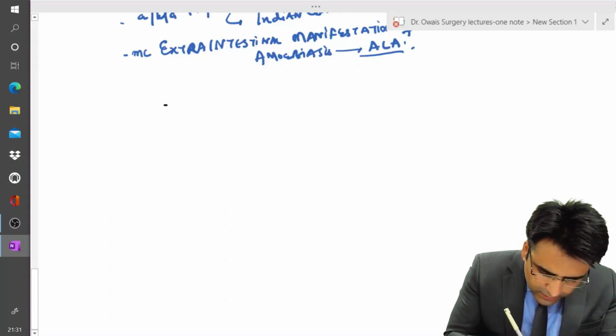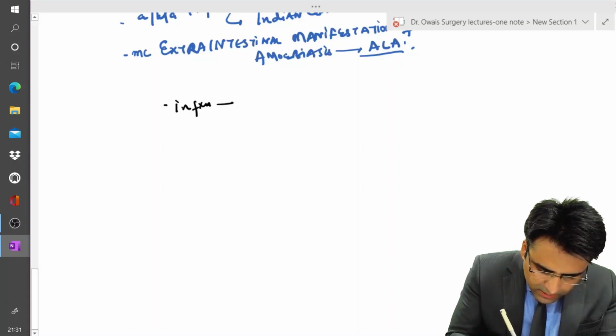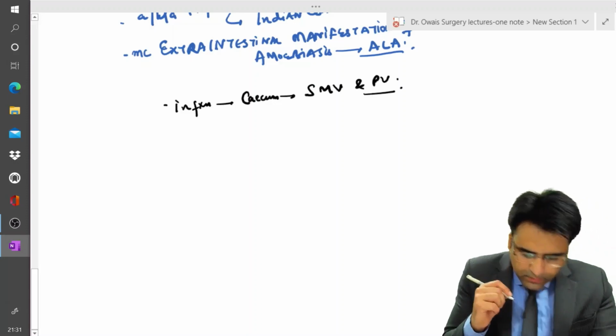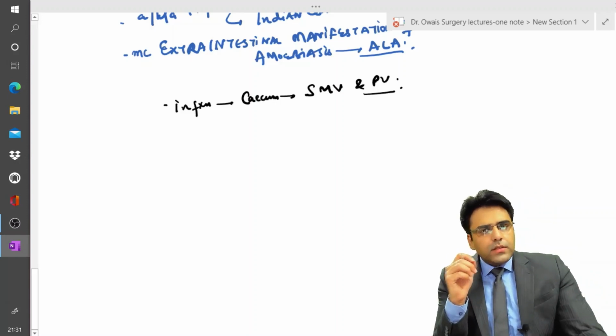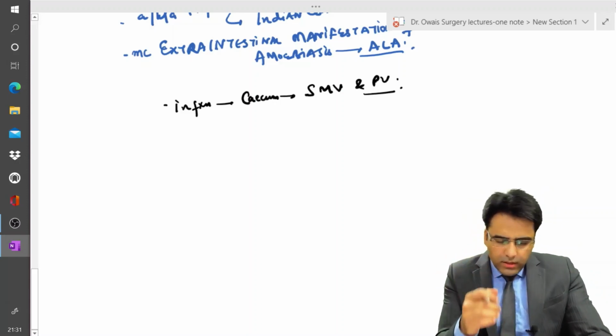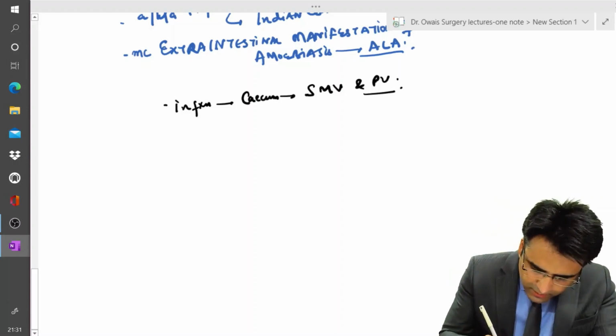Now, after an attack of amoebiasis, the infection travels from the cecum through the superior mesenteric vein and portal vein. Let us understand this with the help of a diagram.